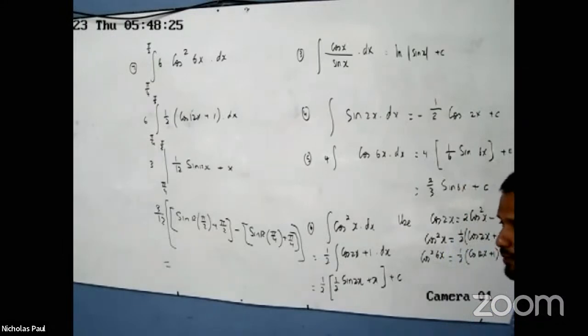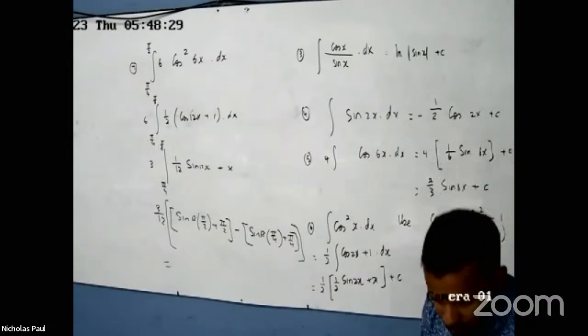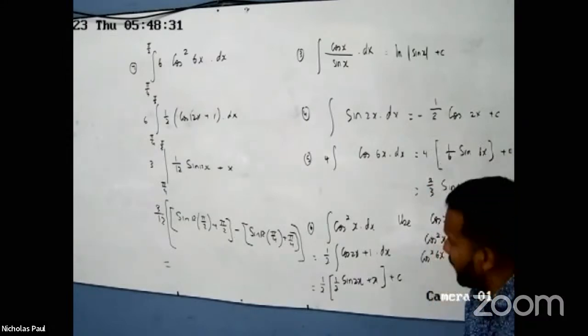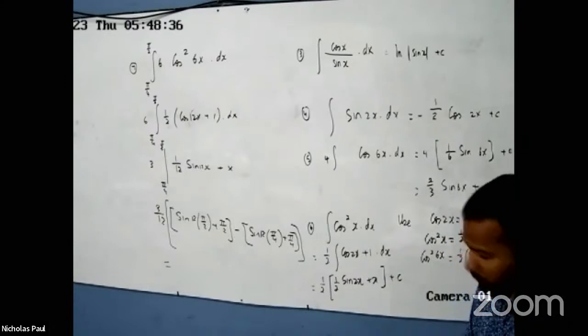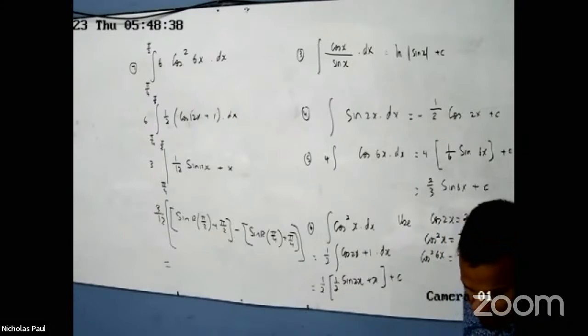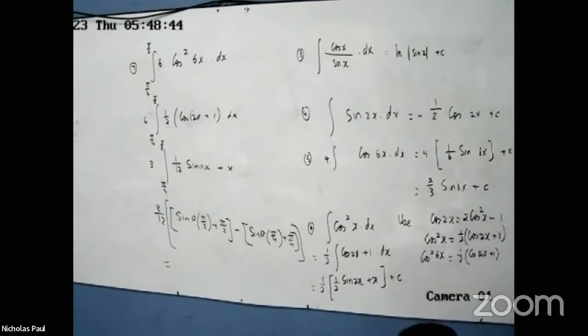What did I get, Kyle? Pi over 4. Any other answers, Olia? Again, plenty of different answers. I have 3 pi over 4, I have 3 pi over 2, and I have pi over 4.